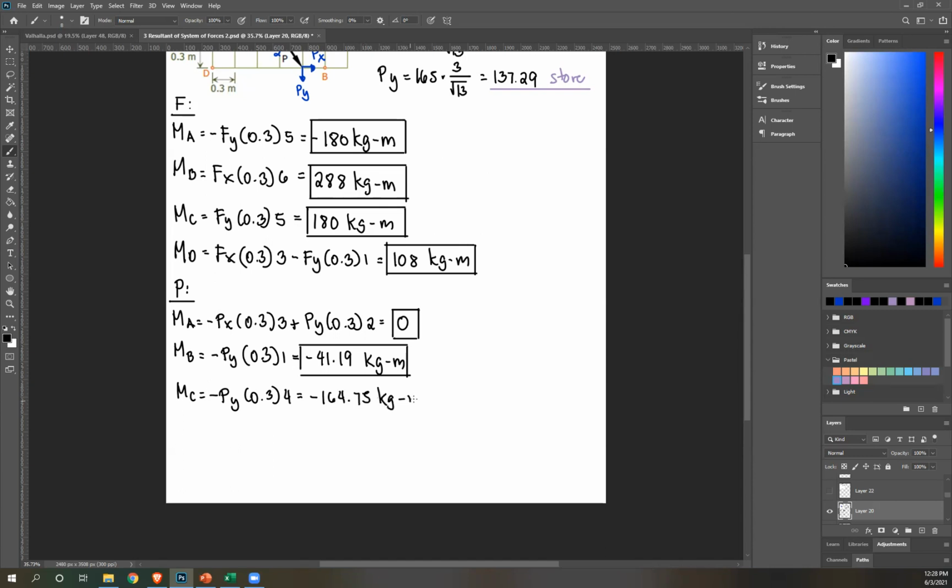Don't forget the unit, kilogram meter. And then lastly, MD.